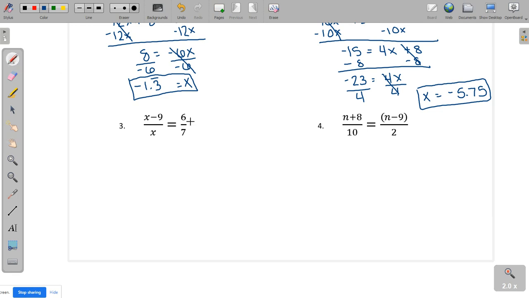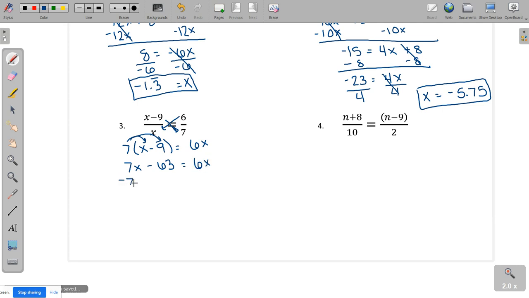So 3, cross multiply. You're going to have 7 times (x minus 9) equaling 6 times x, 6x. Distribute to get rid of the parentheses. So we have 7x minus 63. That's going to equal 6x.